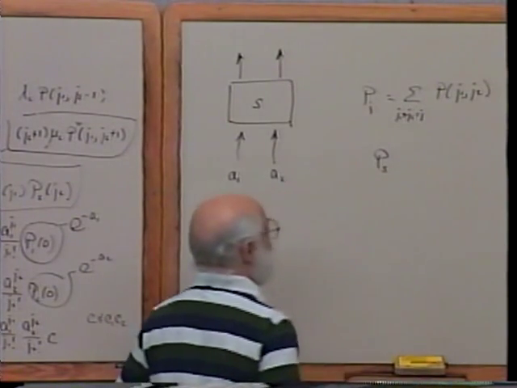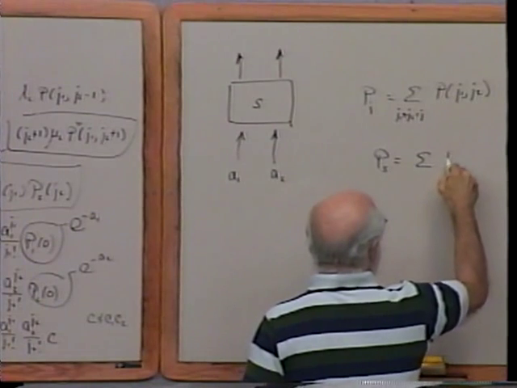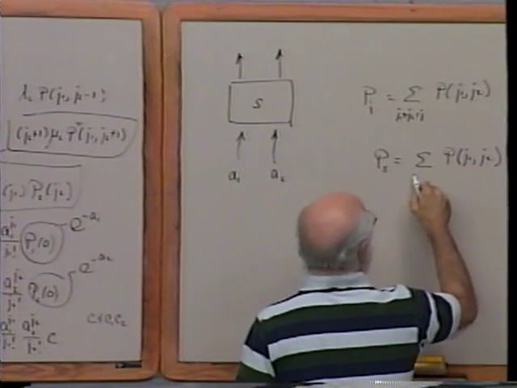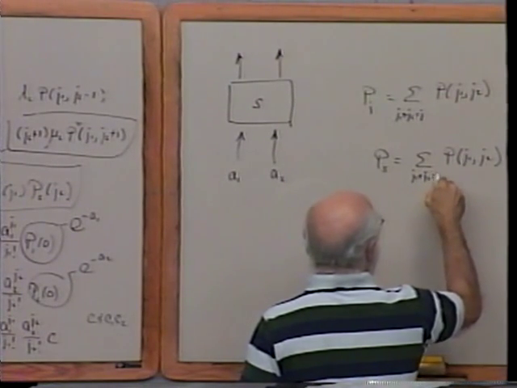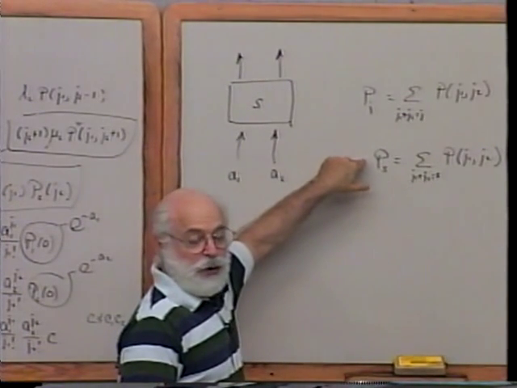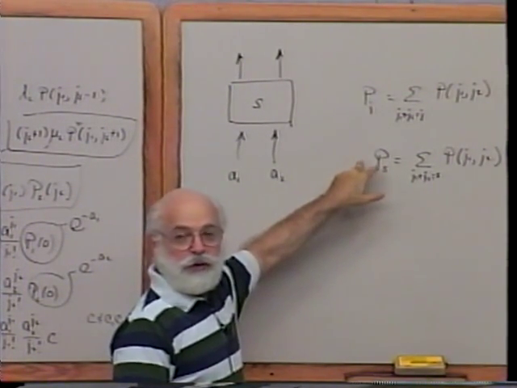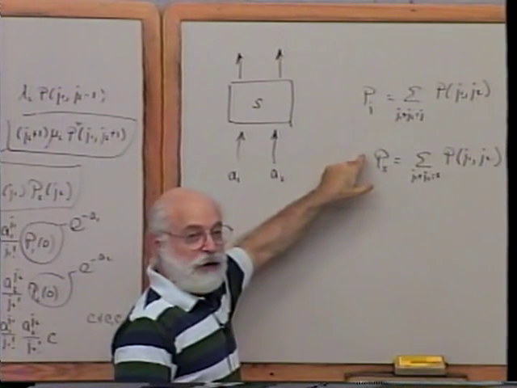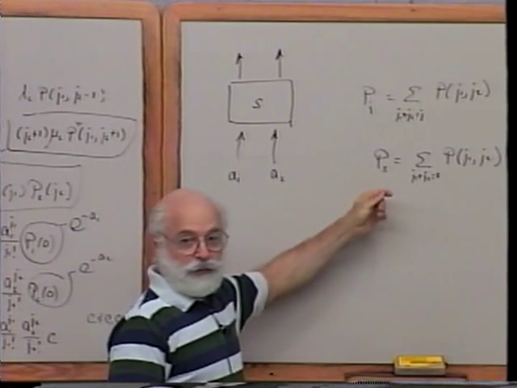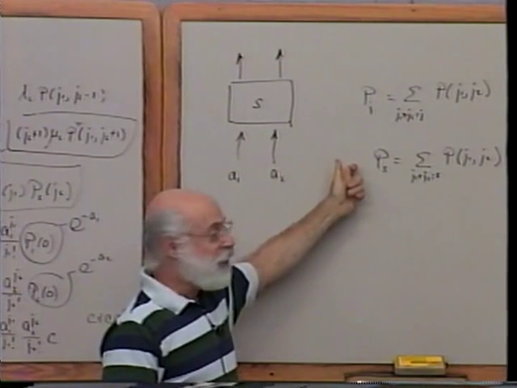So PS is the sum of the probabilities with J1 plus J2 equal to S, which is the fraction of time that all servers are busy, which is also, for each stream, because they're both Poisson streams, the fraction of customers who find all servers busy. So it's the probability of loss for each stream. So the question is, what is it?